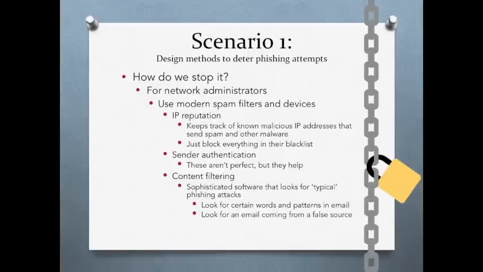What about network administrators rather than a coder? Well, we can use modern spam filters. A good idea is to have sophisticated firewalls with spam filtering built in, and some of this filtering is, first of all, based on IP reputation. So maybe a user is pointed to some website, whether by a phishing attack or a Google search or whatever, and it goes to an IP address that's known to be malicious, either historically or recently, then we just blacklist it.